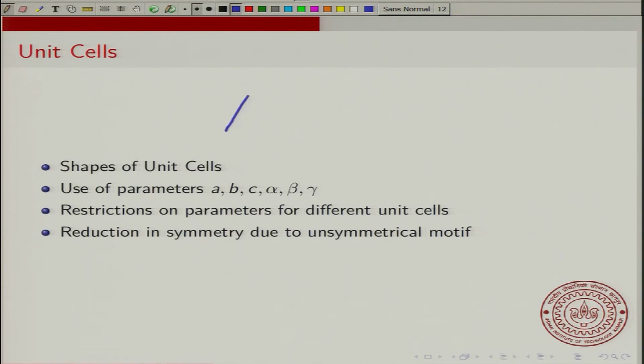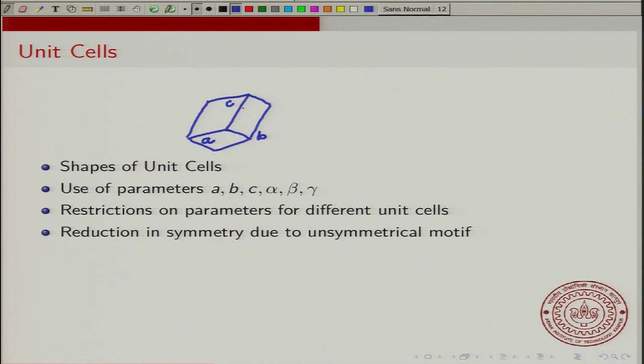This parallelepiped is made of 3 different vectors, A, B, C, which have 3 different angles, and you can make a parallelepiped using these three segments and generate the unit cell.